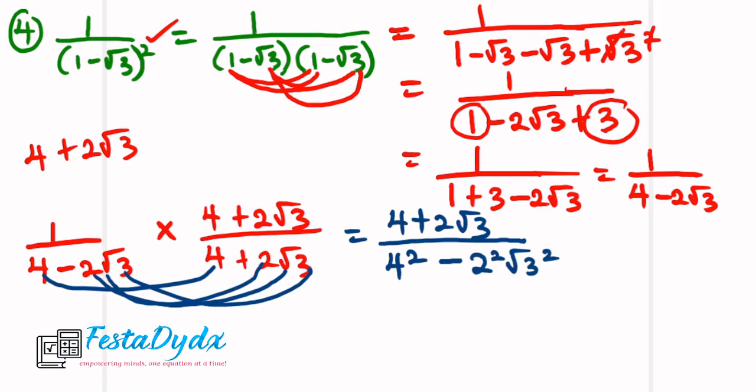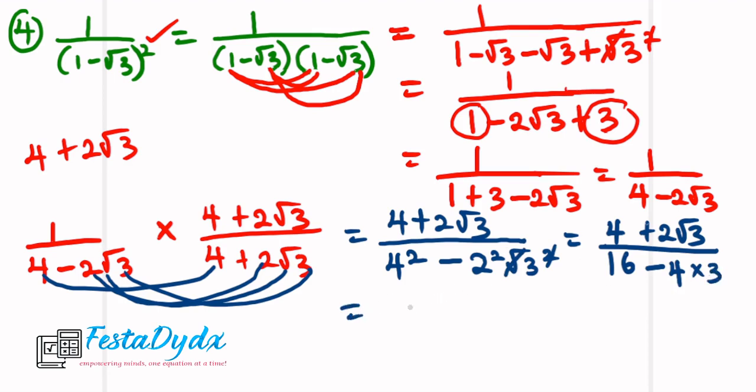I hope you remember that. Then the minus sign, because minus times plus is what? Minus. So the reason why we're expanding this way, remember, is because the denominator is the conjugate. So we have 4 plus 2 root 3 all over 4 squared, which is 16, minus 2 squared, which is 4, then square root cancel square, we have times 3.